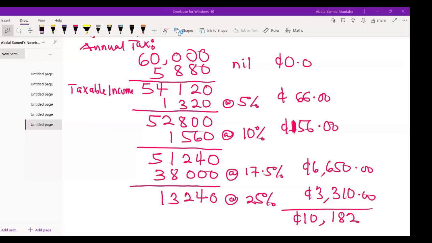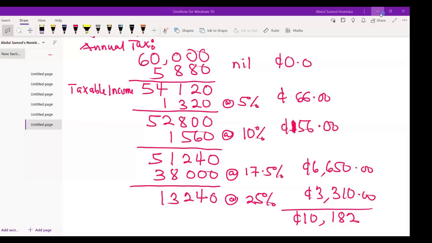Okay, Cedric also says he got, look at the figures. This is 66 plus 156. So check the figures. Yes, so final answer is 10,182. Please, those of you who are getting 10,082, check the figures you are adding.